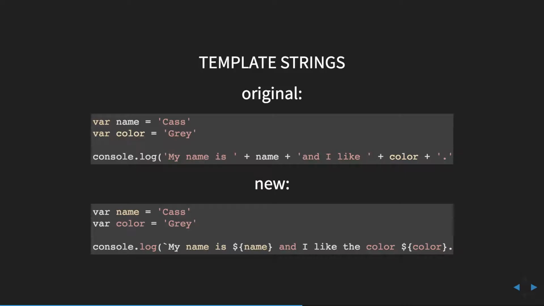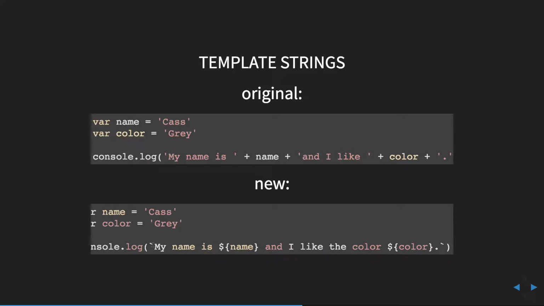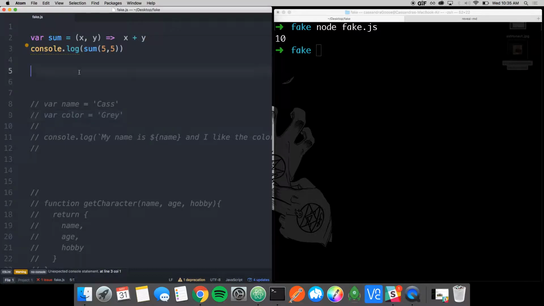Basically we've got backticks instead of a normal quote, and then our variables are placed into curly braces with a dollar sign in front. And it's beautiful because it's much easier to read. There are no plus signs and extra quotes, and it does the same thing. It's pretty amazing. Let's check it out real quick.